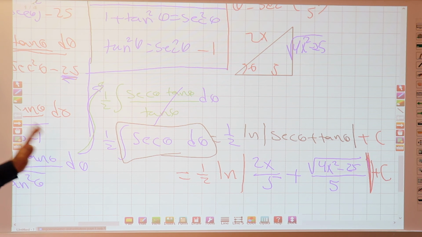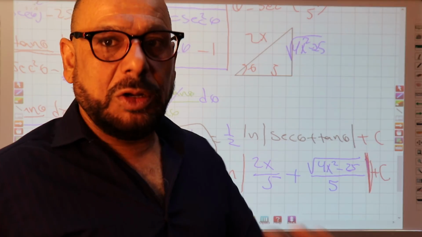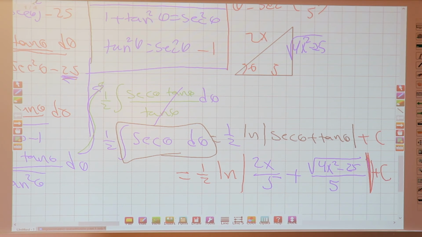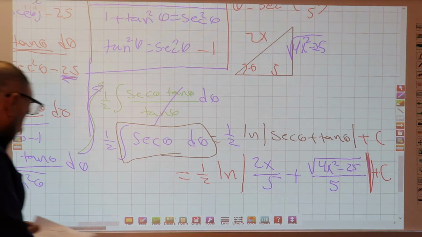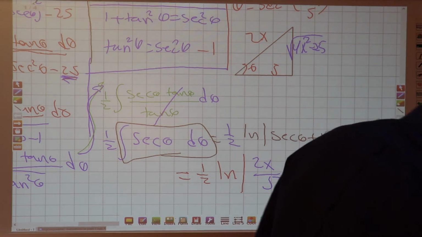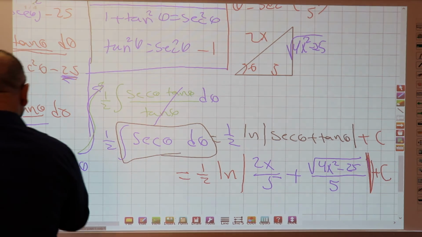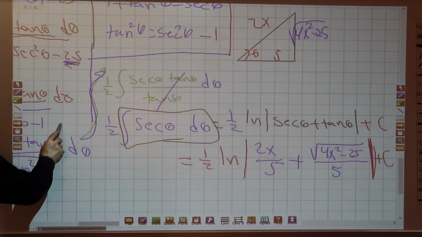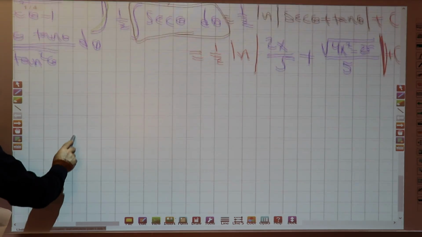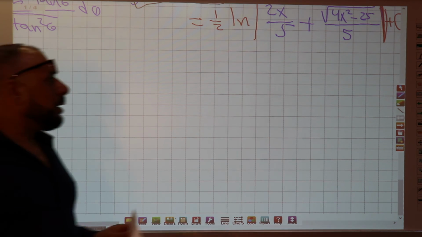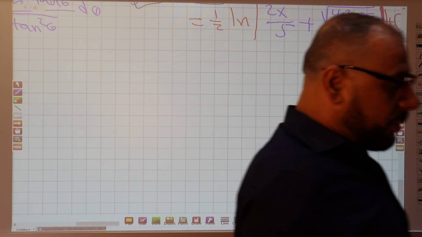Now, by doing this, we'll be covering all the trig substitution. Let me organize it for you. I don't want to organize it now.